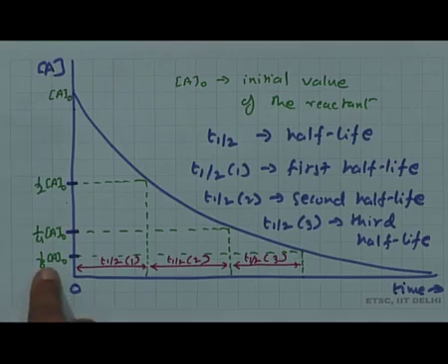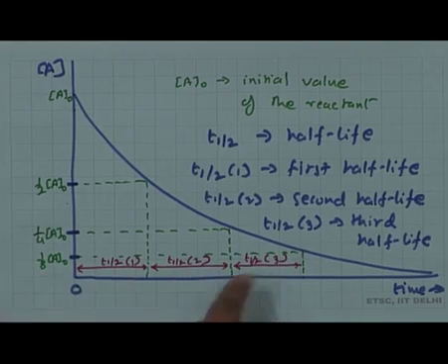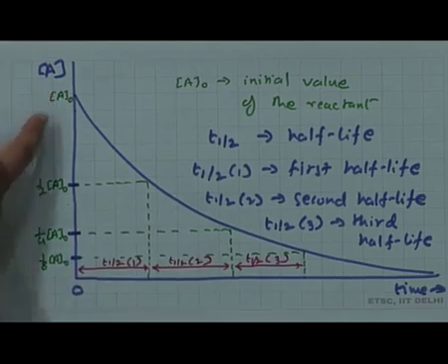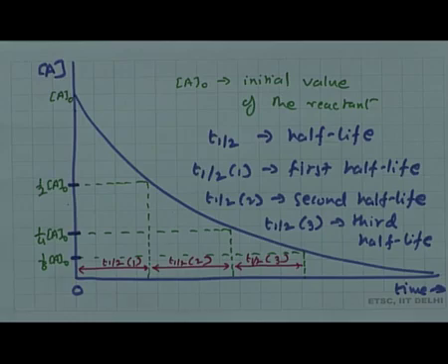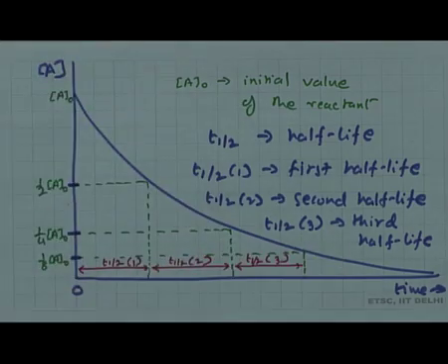Then again half of 1/4 A naught, which is 1/8 A naught, the time taken to go from 1/4 A naught to 1/8 A naught is my third half life T half 3. Okay. So, as you can see from this kinetic profile, you will be able to figure out, based on the manner in which the concentration of the reactant is decreasing, where the first, second and third half lives would be.